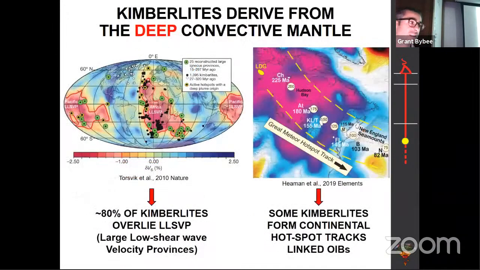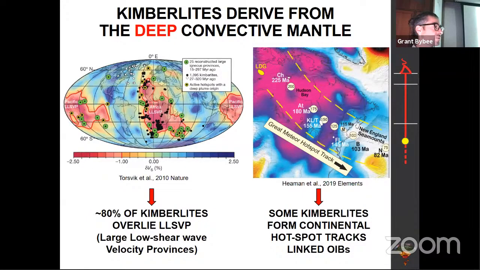Then we have pieces of evidence from geophysics, geodynamics, and geochronology. This is something that Torsvik proposed some 10 years ago. If you reconstruct the position of kimberlites back at the time of their eruption, most of them overlap the current position of the so-called LLSVPs, so large low shear velocity provinces.